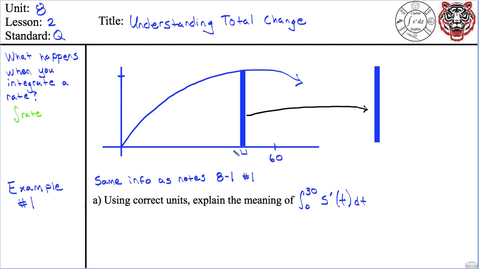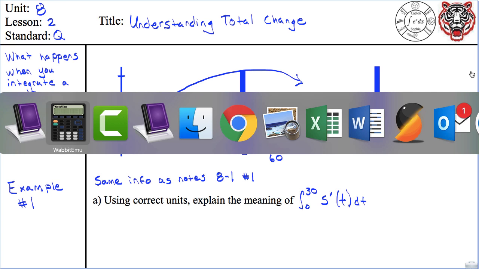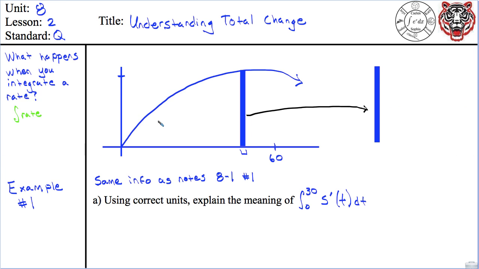So it's something over time, right? So what should our time be? What was one of our last notes? People per hour. So let's make this one per hour. And this is the number of people.